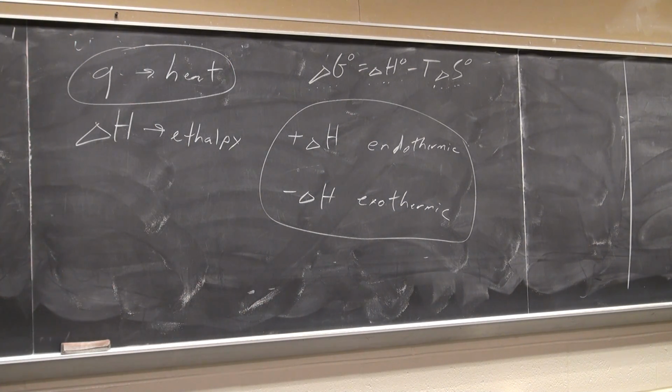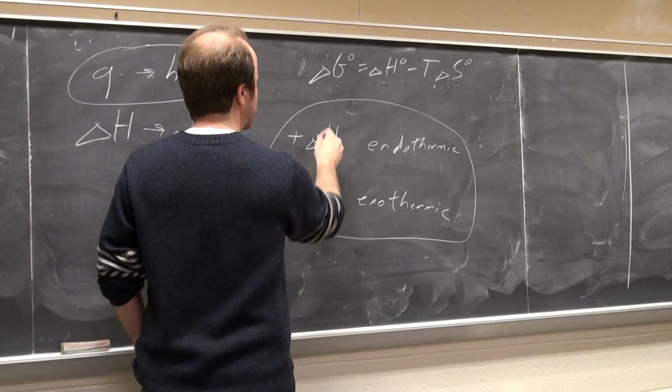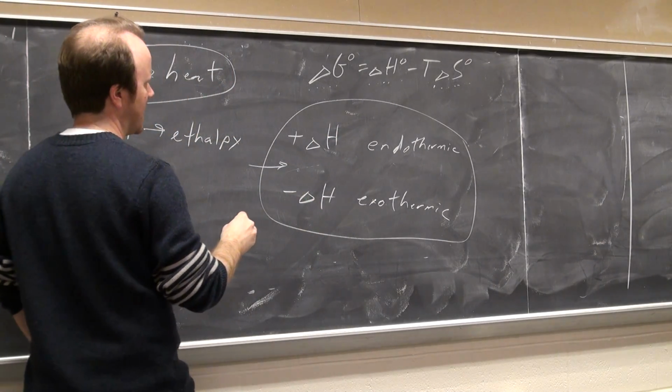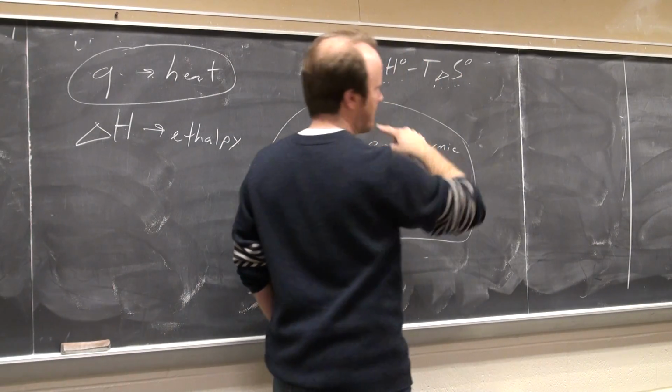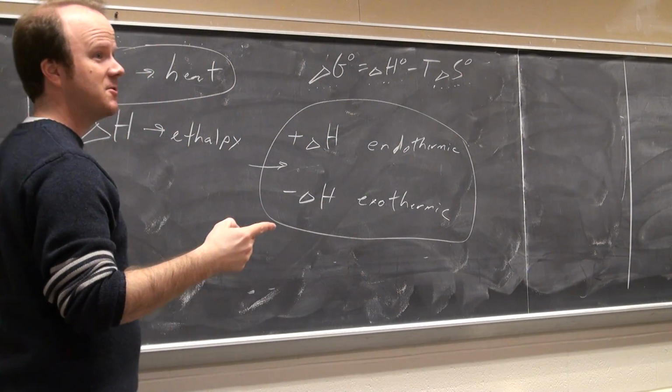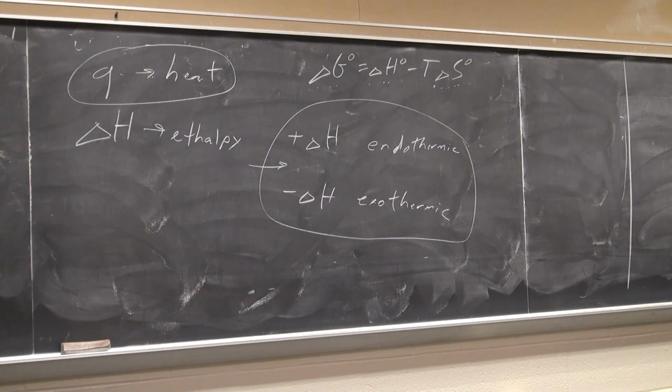You can't say I put heat in, I put heat out, I know how the enthalpy changes. You want to stick with the strict definition of positive and negative delta H, and also what's going on with the free energy. And this won't lead you astray in terms of whether it is exothermic or endothermic.